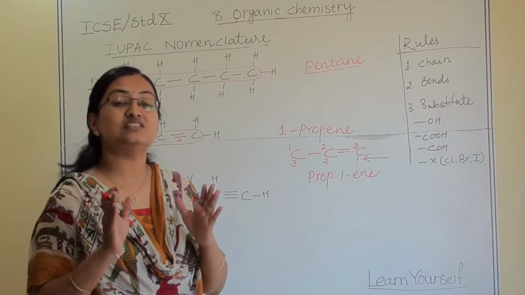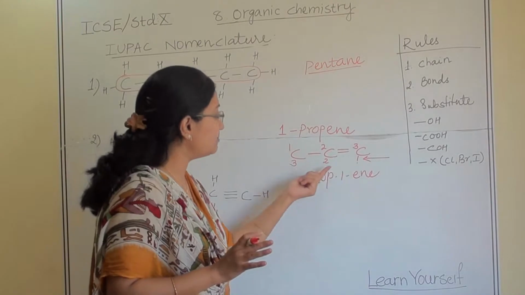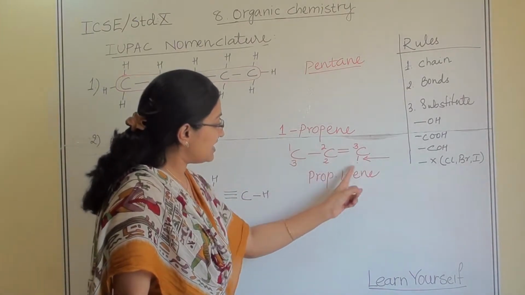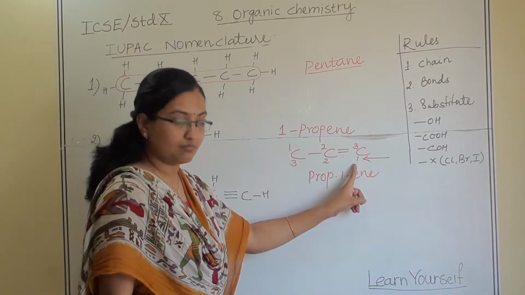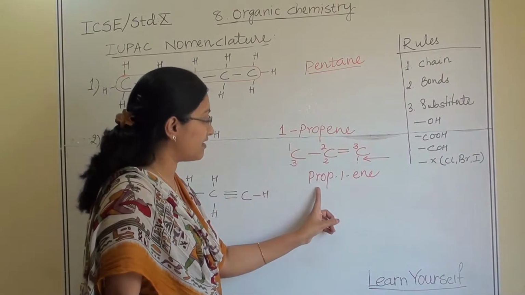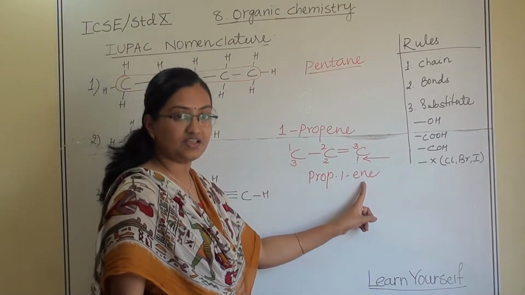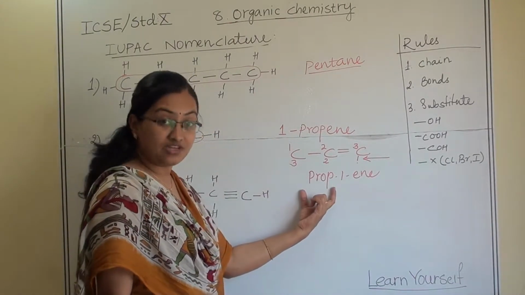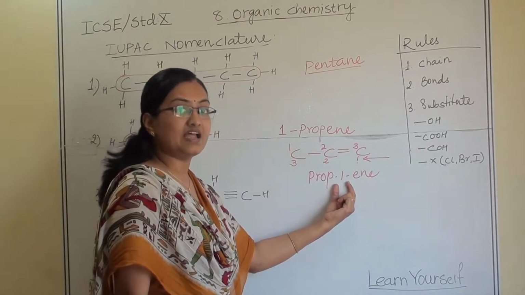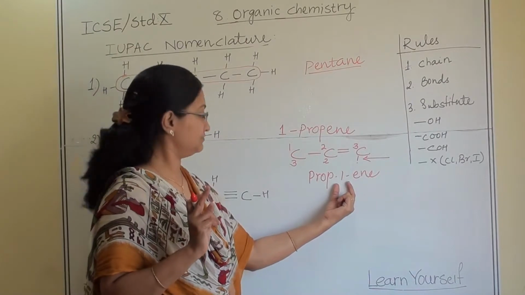Whichever number is the smallest, that numbering system you have to follow. So from this and this I have followed this number pattern and I have given the name 1 propene, or you can write prop-1-ene. That means there are 3 carbon atoms in the chain and the double bond is at the first position.